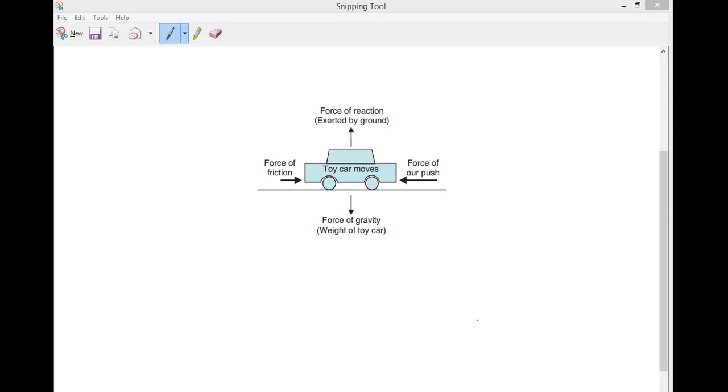Unbalanced forces can move a stationary body, or they can stop a moving body. Is it okay, guys? Yes or no?